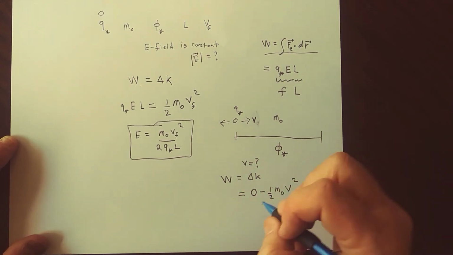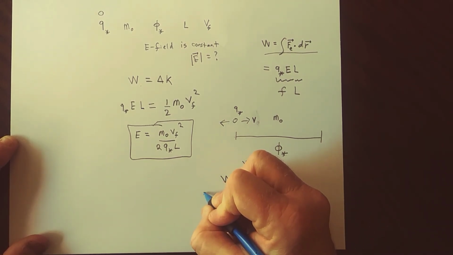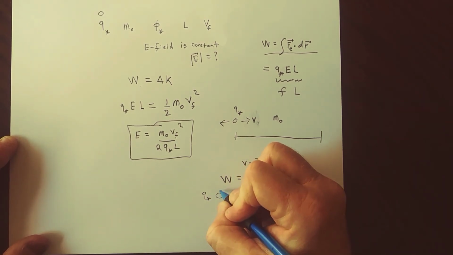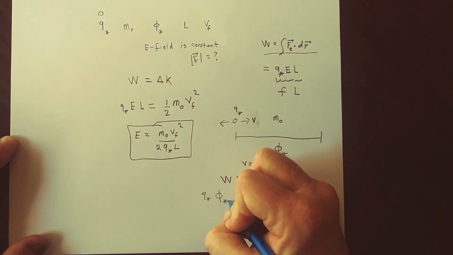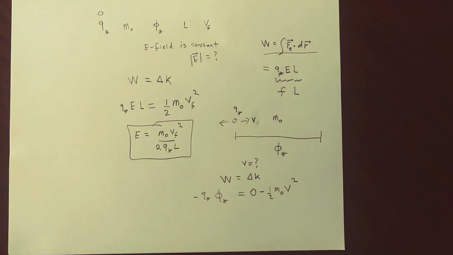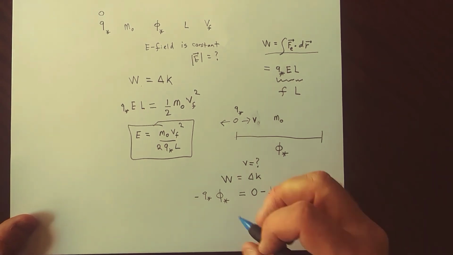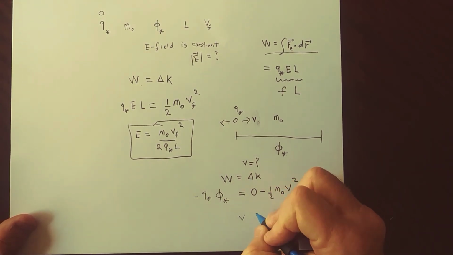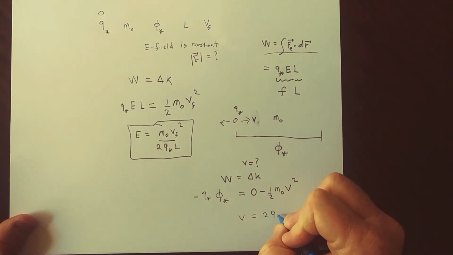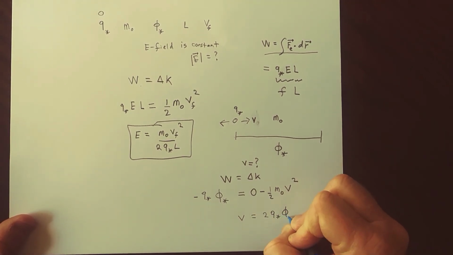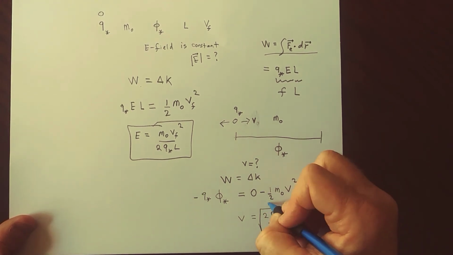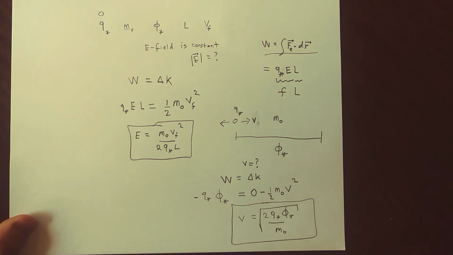So here we get, in terms of the known charge, Q star times the electric potential difference through which it traveled, but this has to be negative because the work is negative. And so we can solve for the initial speed of the particle as the square root of 2 Q star psi star over m naught. That's the initial speed.